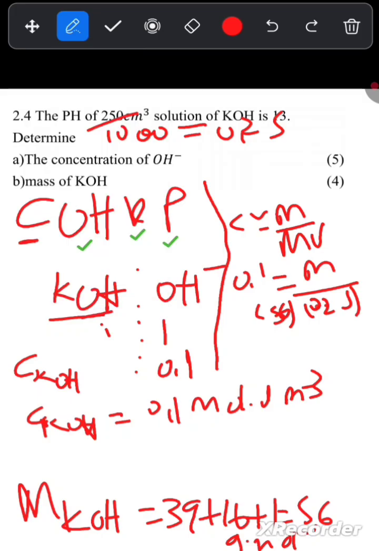This is 0.25, let's not confuse it, 0.25, that was our volume. So the mass is equal to 1.4 grams.